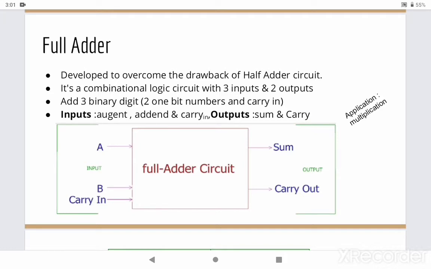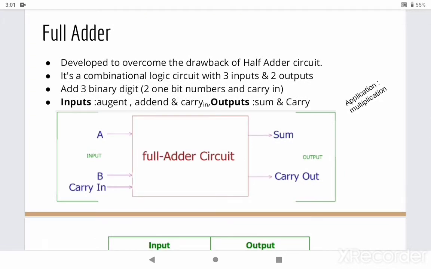In the case of input, we said that we have 3 inputs, that are augend, addend and carry in. Then the outputs are sum and carry. Just imagine that you are doing some multiplication.